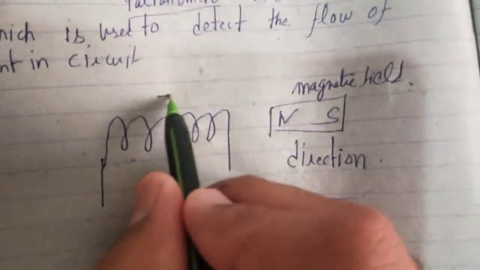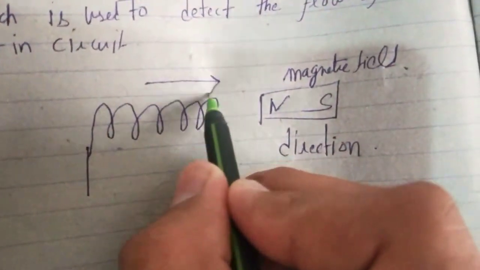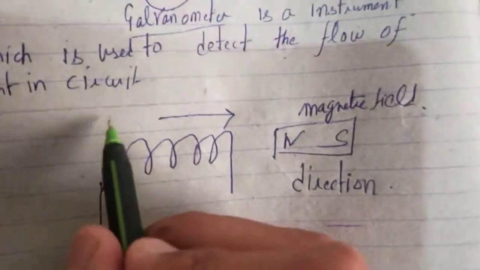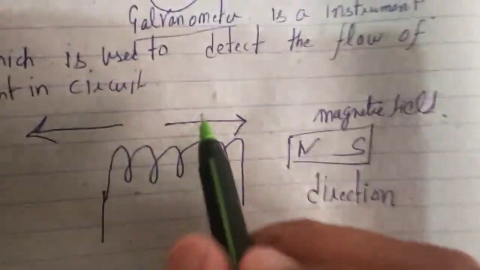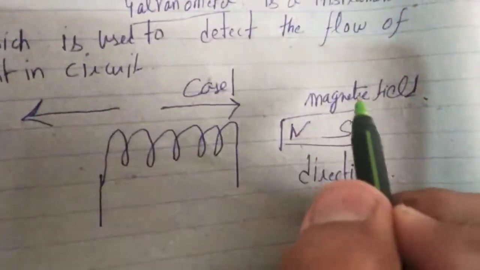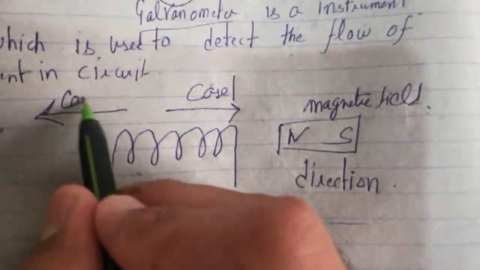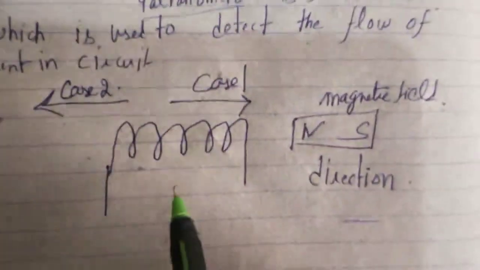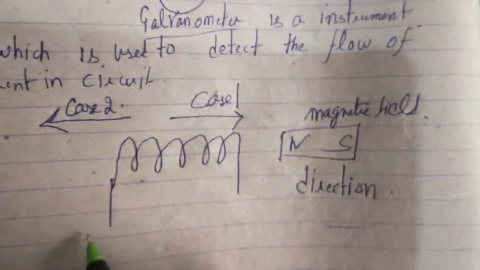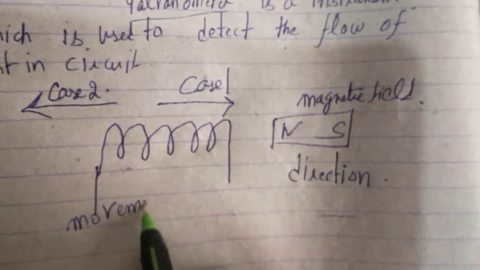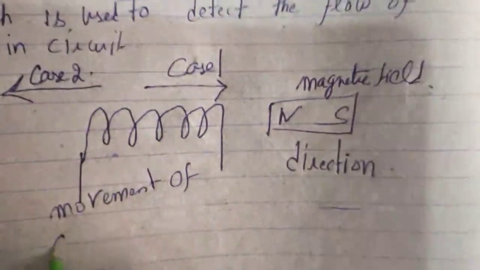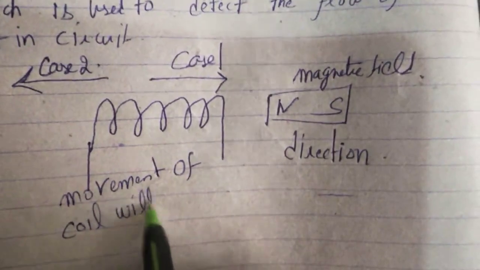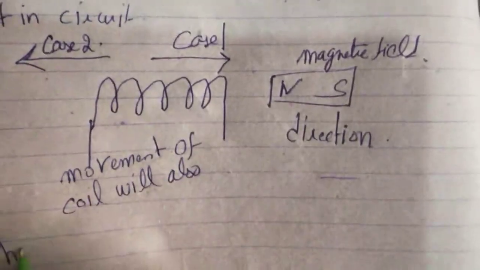In case number one, you are moving the coil toward the magnet, and in case number two, you are moving the coil away from the magnet. So the movement of the coil will also have some direction.